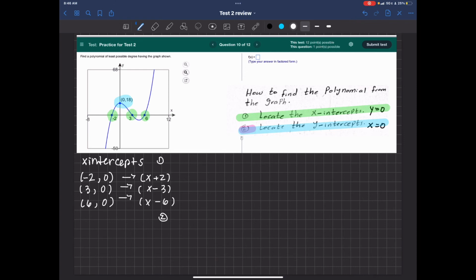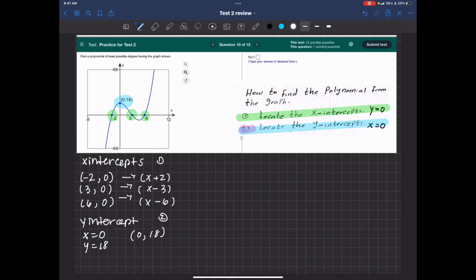Step 2 is going to be y-intercept. Just have 1. And that happens where x equals 0. So that means my y equals 18. But it's the ordered pair 0, 18.